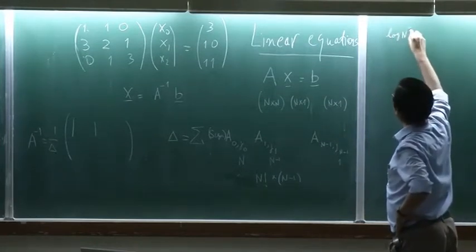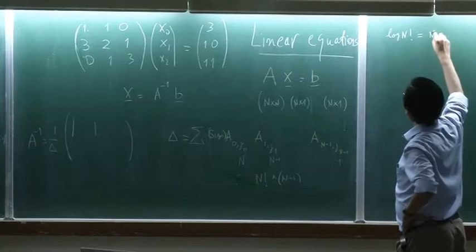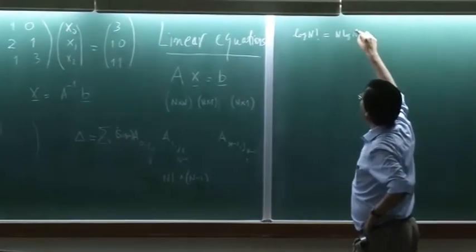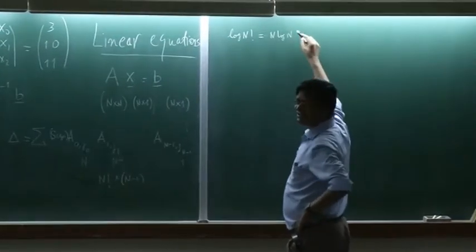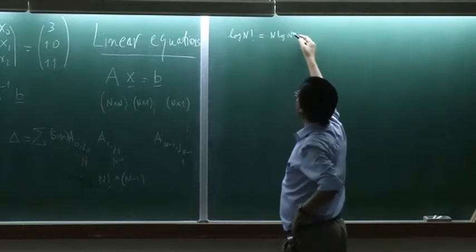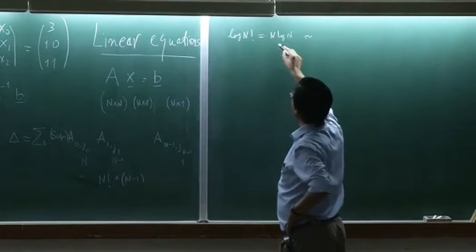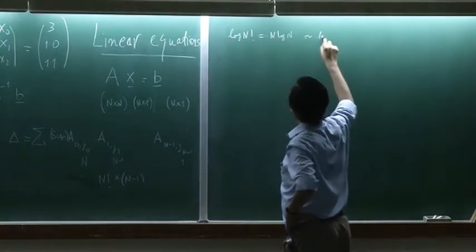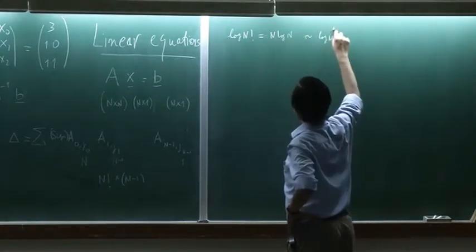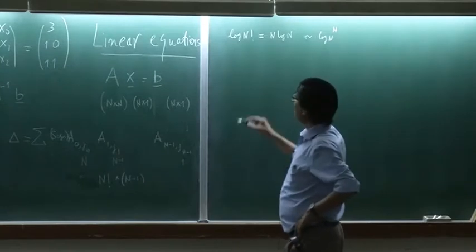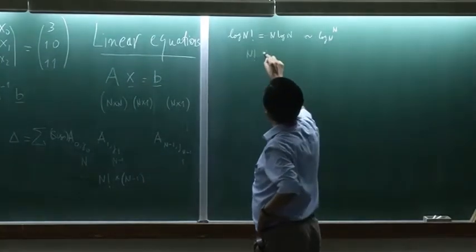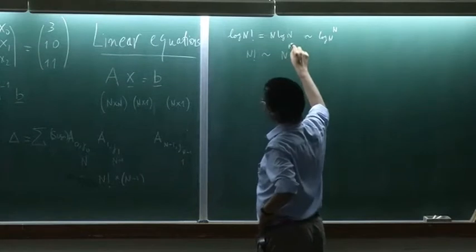It is n log n, right? Some factor plus n log n. So, this is log of n to the power n. So, n factorial is of order n to the power n.